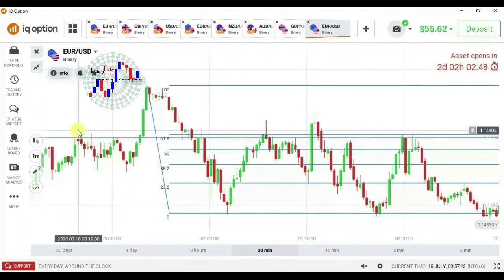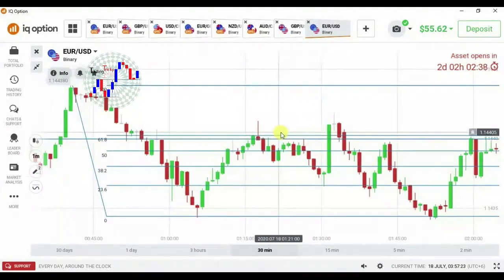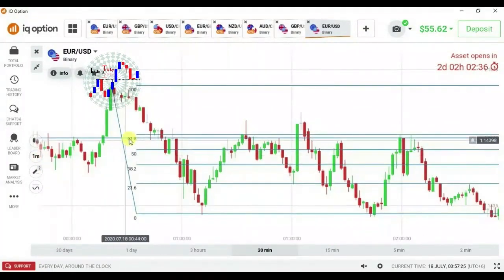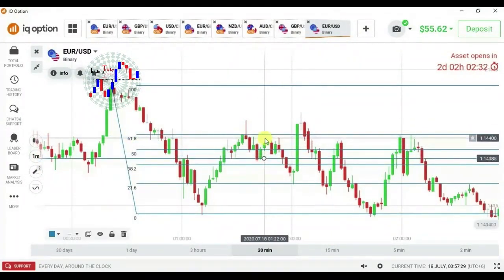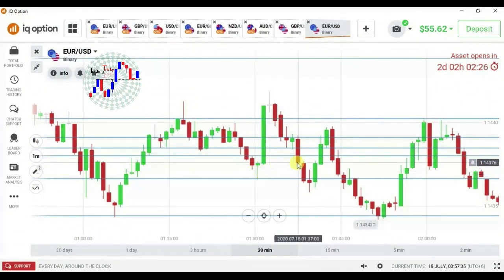As there is more chance to make a red candle, because this is a seller's level, and this is a 68 number, and there is a round number too, there is a lot of chance to make a red candle. So in that case we should go with sellers.